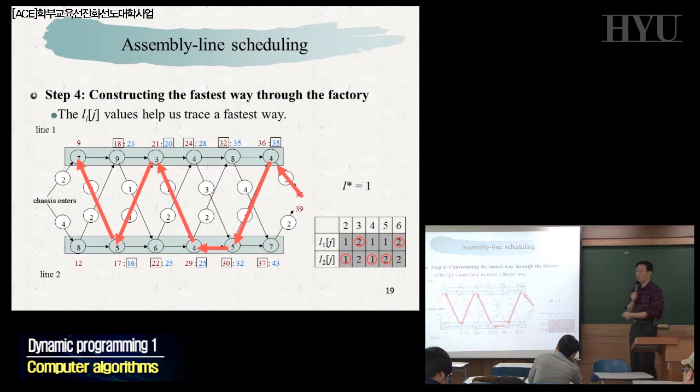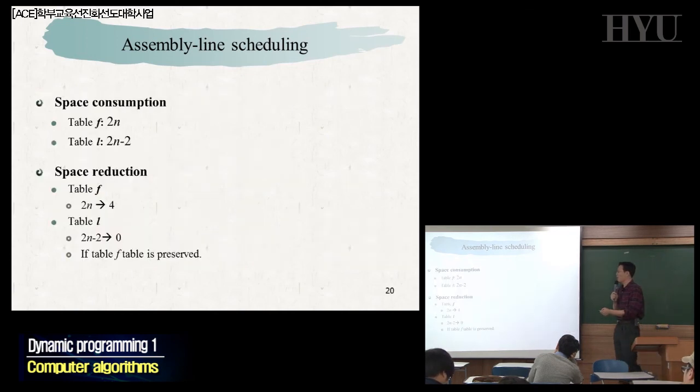Look at this. We don't have to. They are from only here. So that's why table L has only 2n minus 2 values.